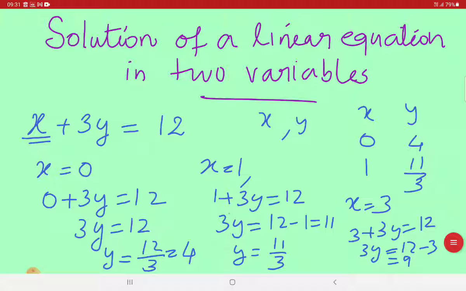Then y is equal to 9 divided by 3 equal to 3. So which is the solution? x equal to 3, y equal to 3 is the next solution. In this way, we can find infinitely many solutions for a linear equation in two variables.